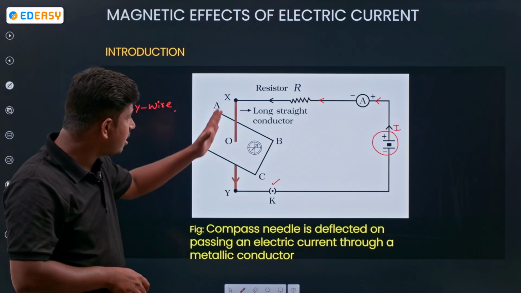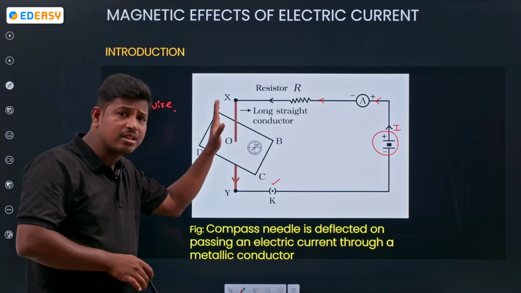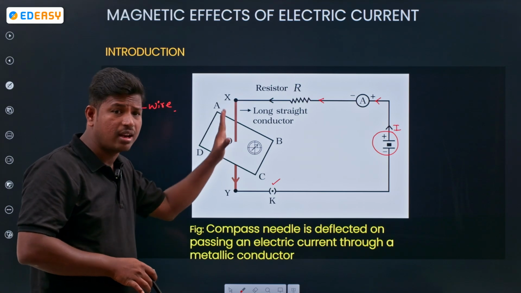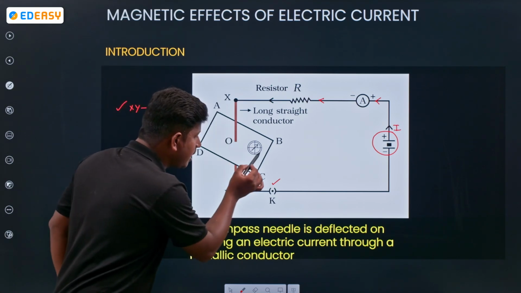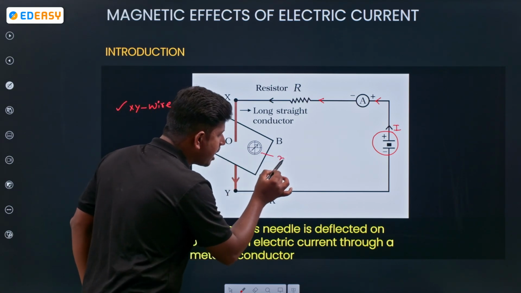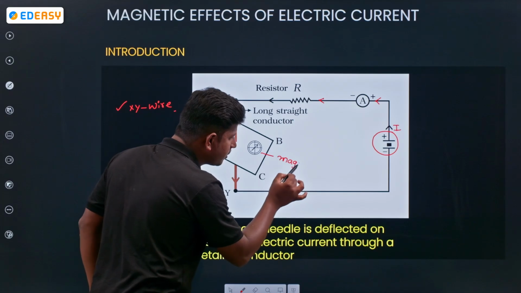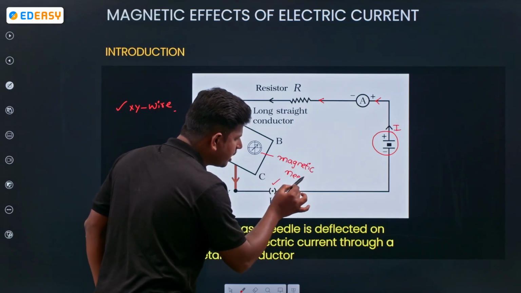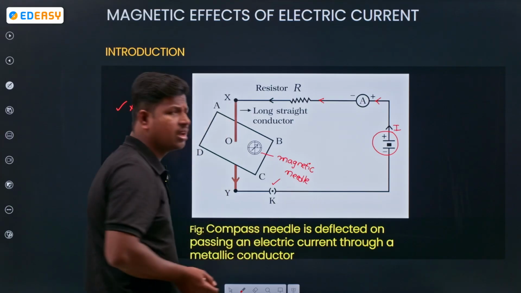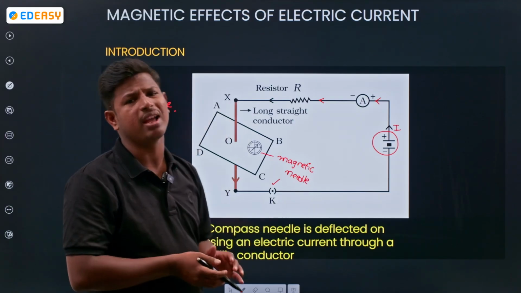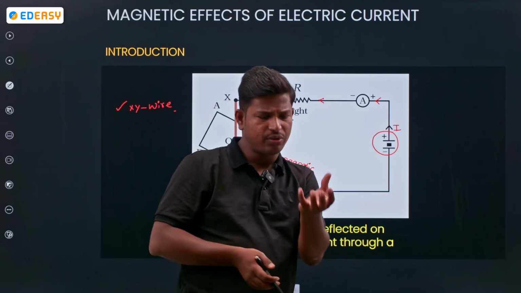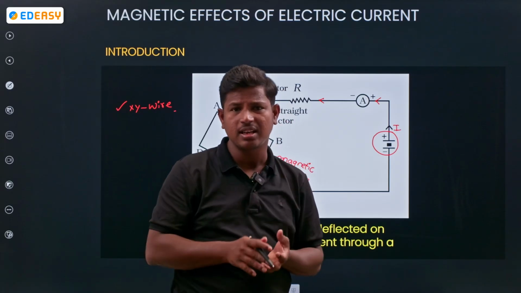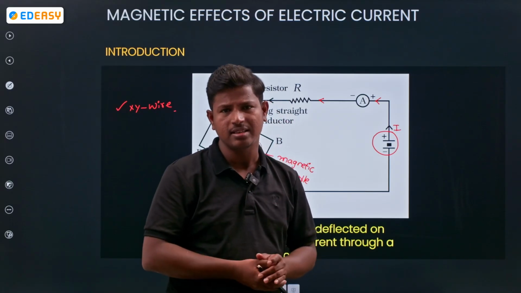So whenever electricity passes through the conducting wire, what happens here? We place a magnetic needle here. A magnetic needle is nothing but a needle made of a magnet. If you take a compass, what is present there? A magnetic needle is there, right?